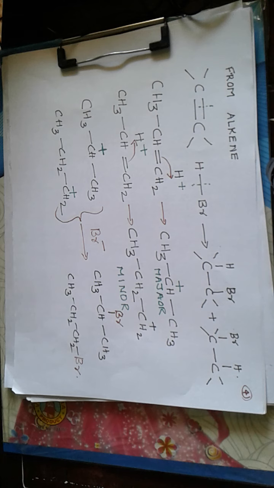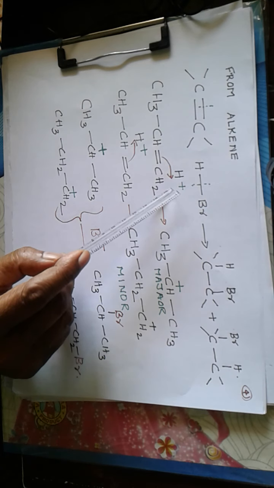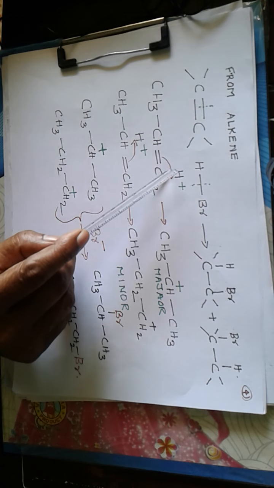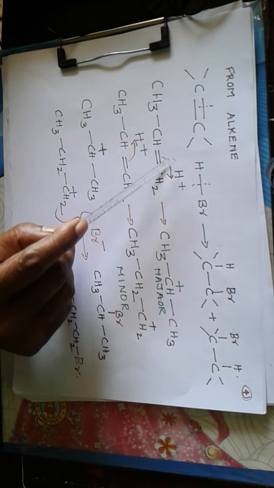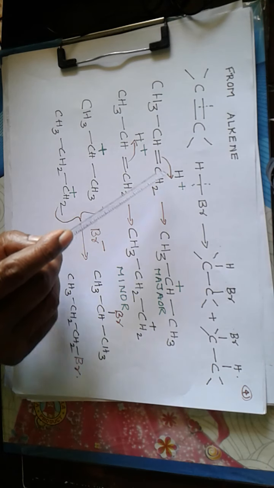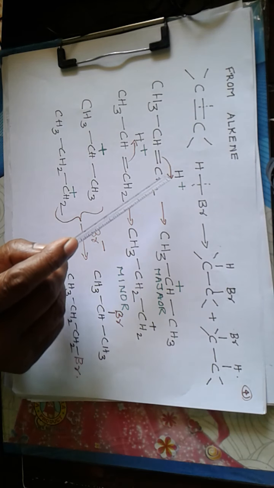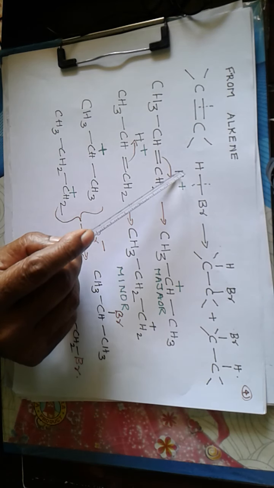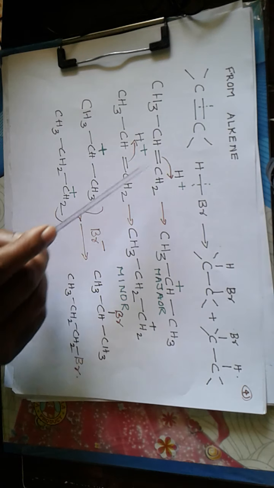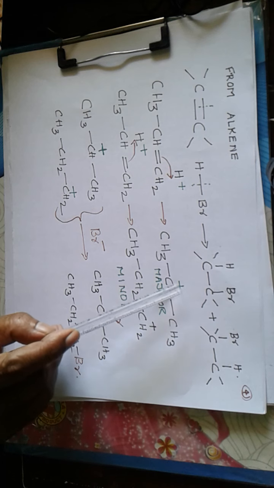You might remember the electromeric effect. Now HBr coming from this side, the pi bond will be shifted towards this direction, so that a bond will be formed between this carbon and this hydrogen. So this CH2 becomes CH3, and we get a positive charge on this carbon.